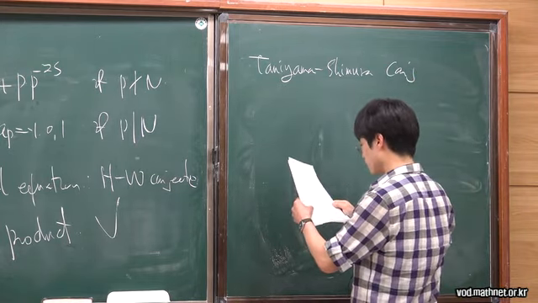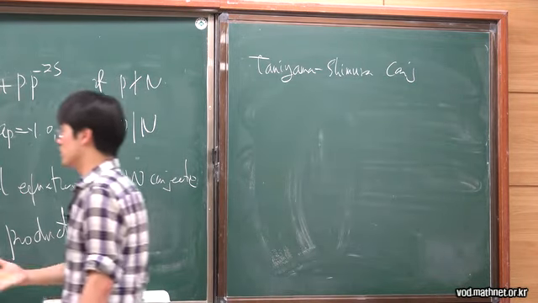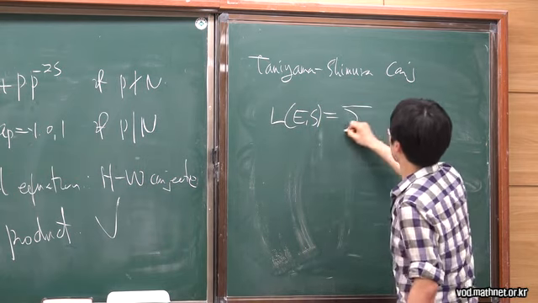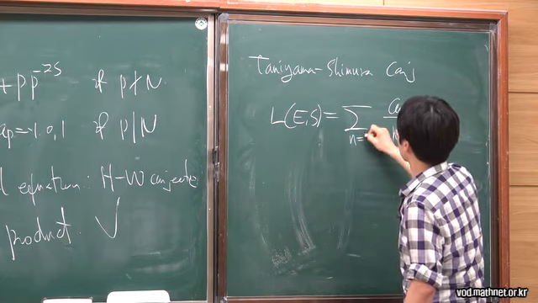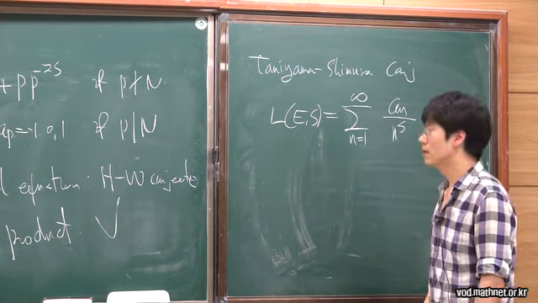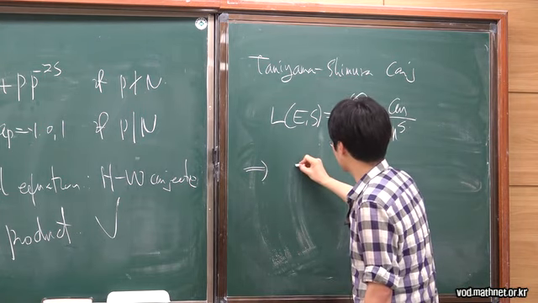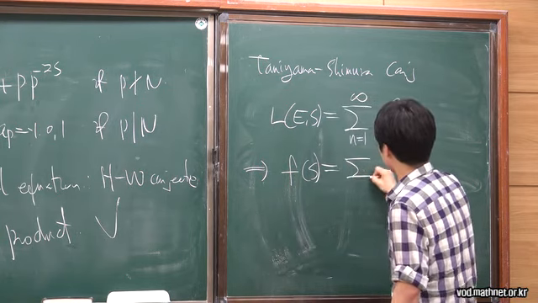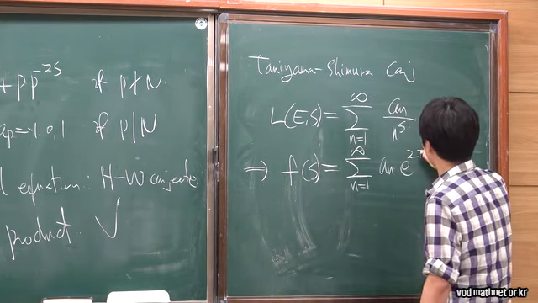So let me rewrite this as a generating series, sum of a_n over n to the s, n from 1 to infinity. Then let me consider the following generating series: f(s) is the sum from n equals 1 to infinity of a_n times e to the 2 pi i n s.